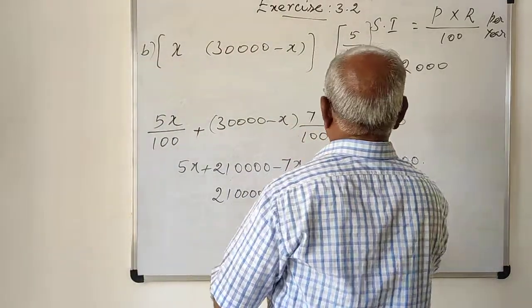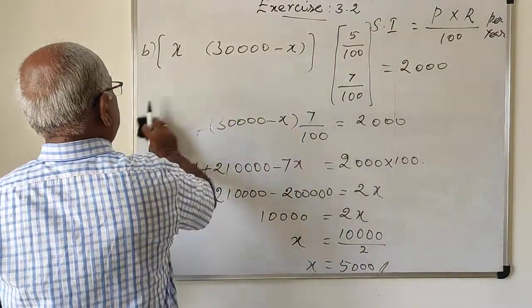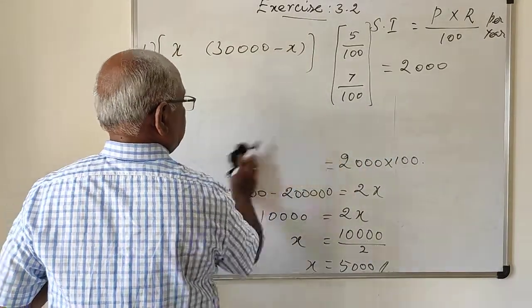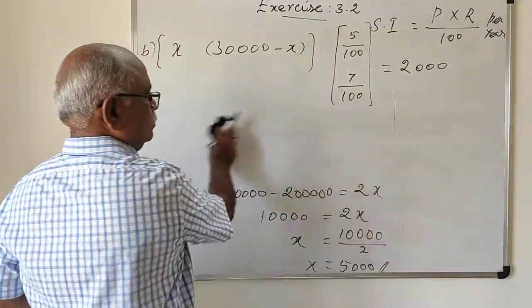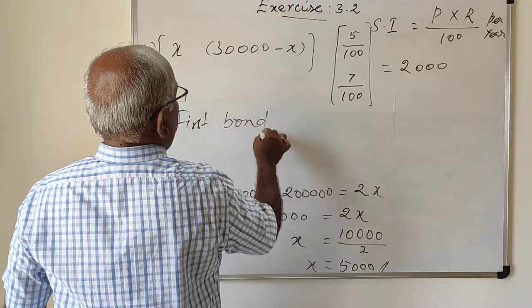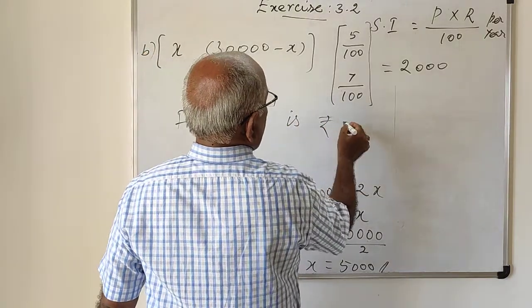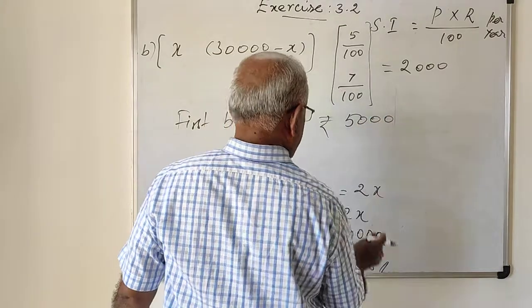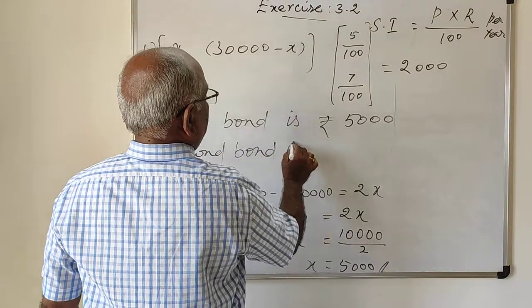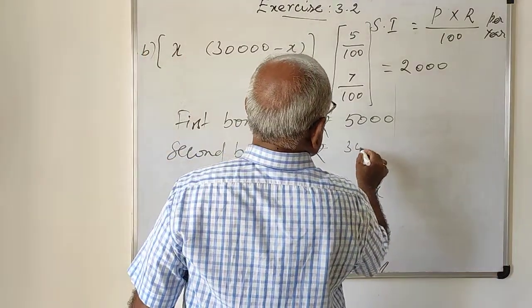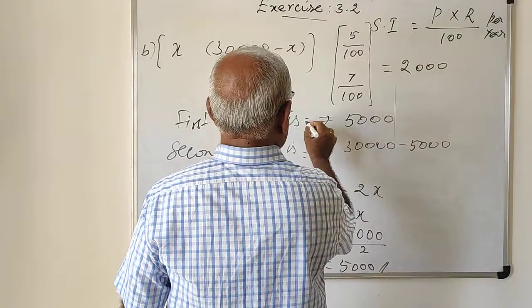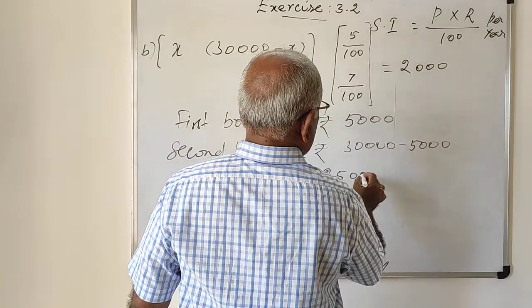From this calculation, the amount invested in the first bond is rupees 5,000 and in the second bond is rupees 30,000 minus 5,000 equal to 25,000.